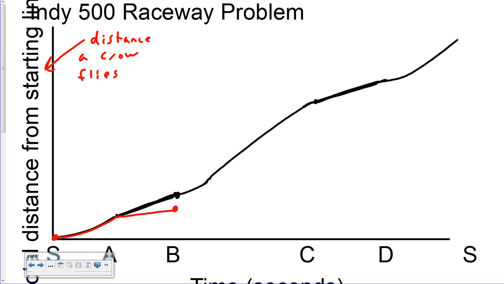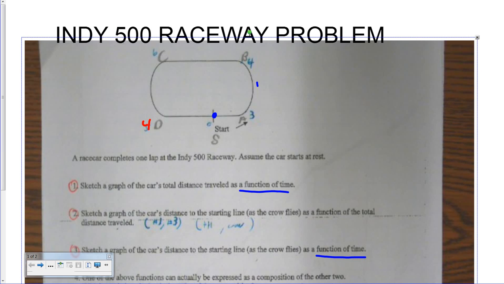Actually, I should probably make that just a little bit more obvious. So I'm just going to keep that underneath there a little bit. And the reason I do that is because along the back stretch, you're going to see that, look what happens.